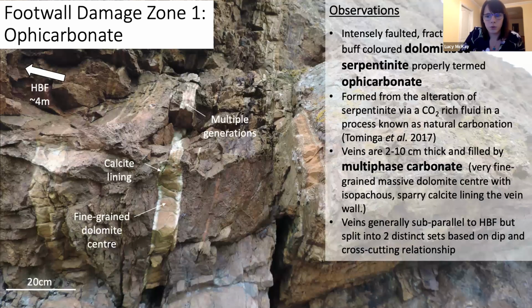I won't go into too much detail about this unit, but it's characterized by multi-phase carbonate veins that are about 2 to 10 centimeters thick, with fine-grained dolomite in the middle and calcite lining the vein walls.